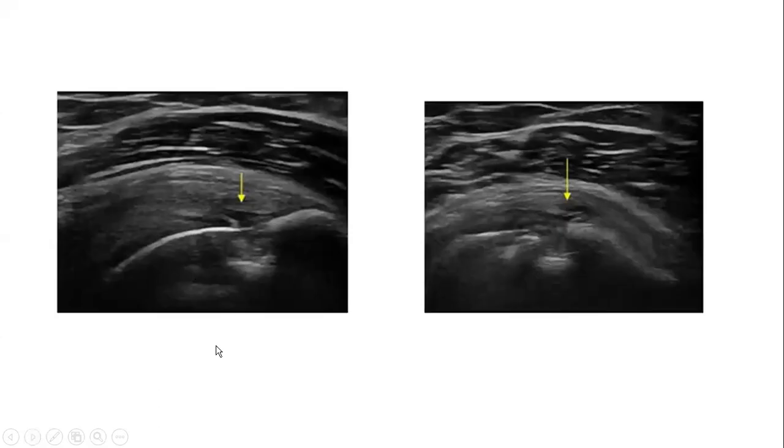Let's try to write an impression for this. If someone wants to give it a try, how would you write this up, saying everything that we covered in those five points? This is an abnormal study.